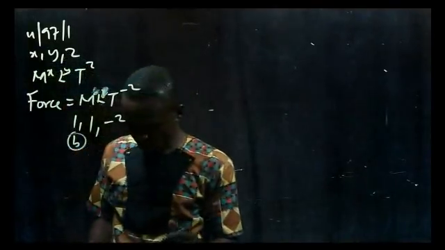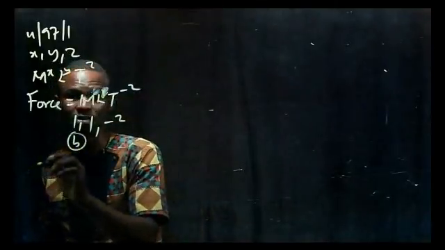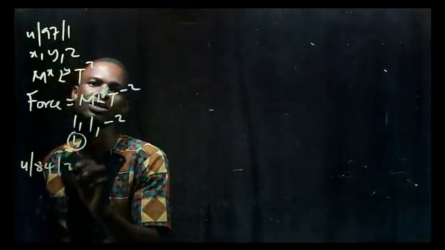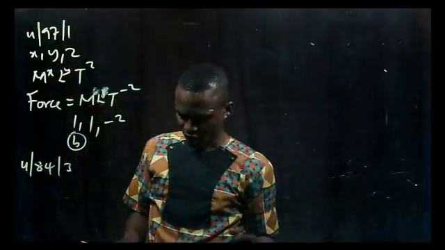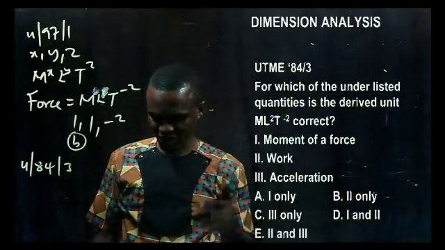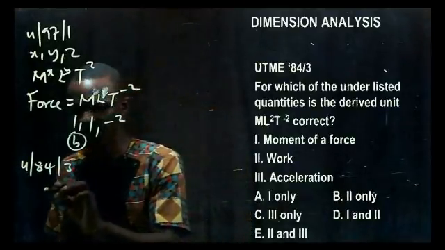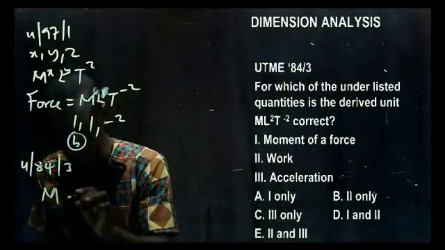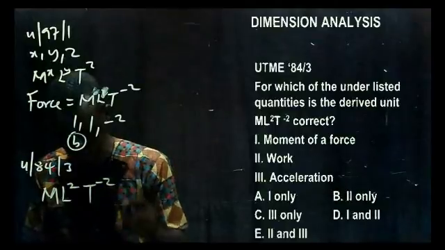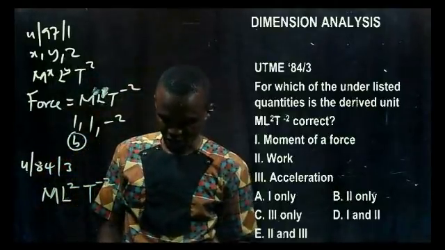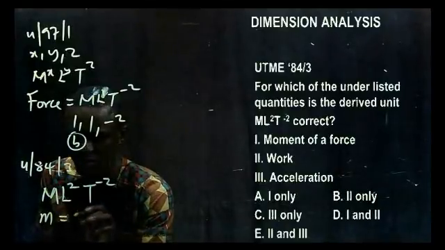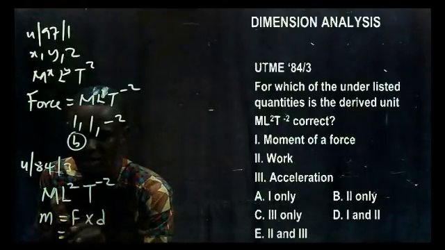Now the next one I'd like to show us here is UME 84, question 3. The question is, for which of the underlisted quantities is the derived unit M L raised to power 2 per T squared correct? Roman figure 1, moment of force. Moment of force equals force times distance.